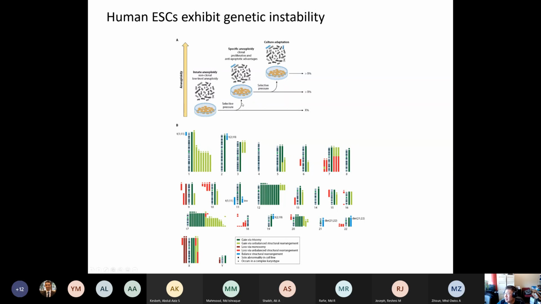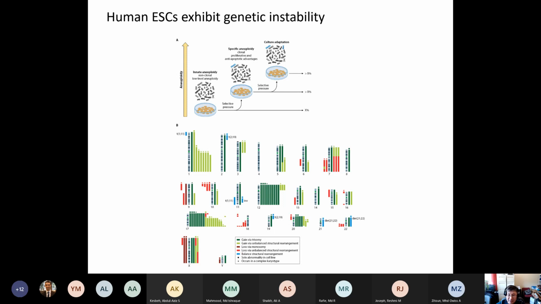And once you put the cells into culture, they will accumulate some additional changes. And over time, they will adapt to the culture condition. You're going to see even more abnormality. So we say that the human embryonic stem cell will display genetic instability.